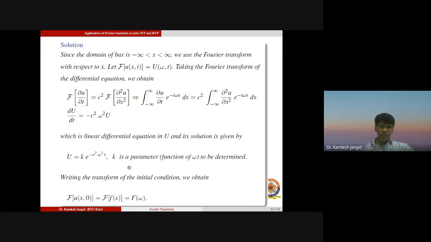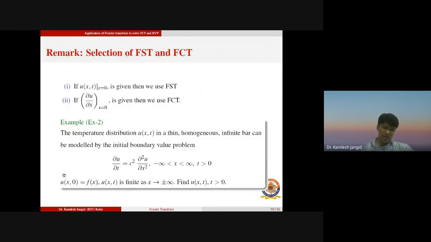Now to find the value of this k, we write the transformation of the initial condition; it means we find the Fourier transformation of this initial condition.